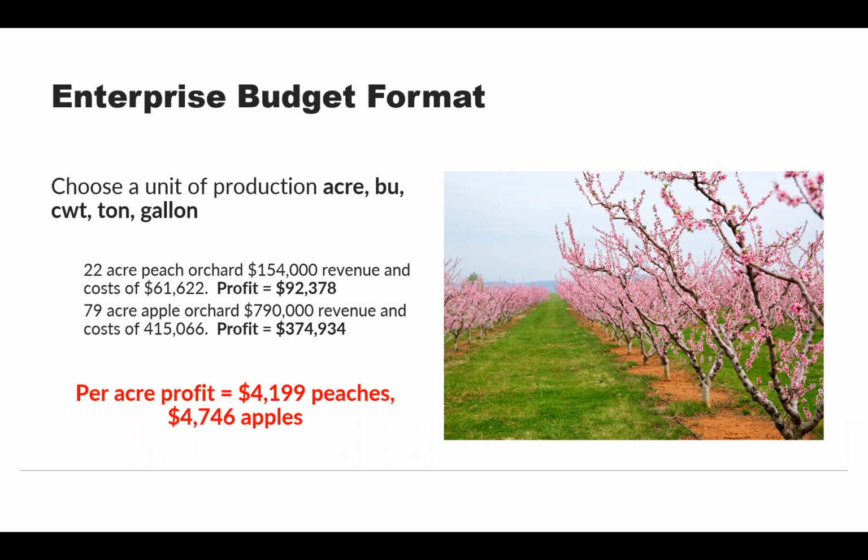But if your focus is on what is most cost effective to produce, comparing them by the units of sale can also make sense. It might be harder to think about it per acre, when actually what you want to know is, for every bushel I'm selling, what is my return? So it depends on what you want to focus on.